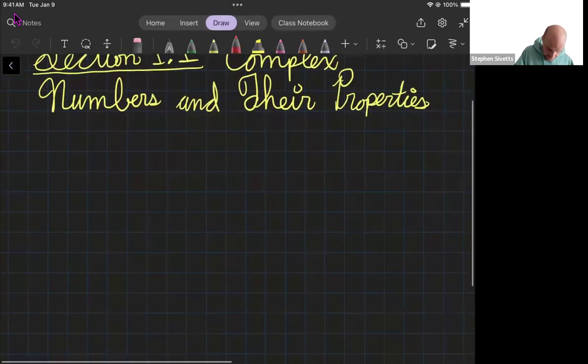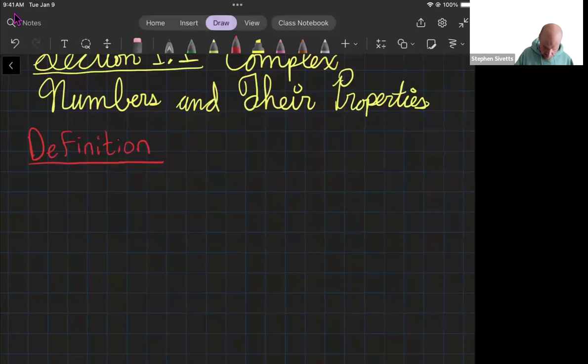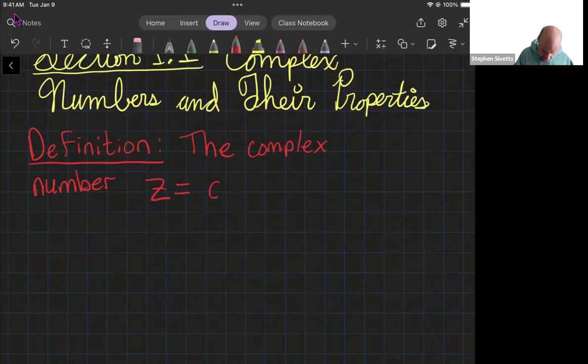So the definition of a complex number is the following. The complex number Z is defined as A plus BI, okay?